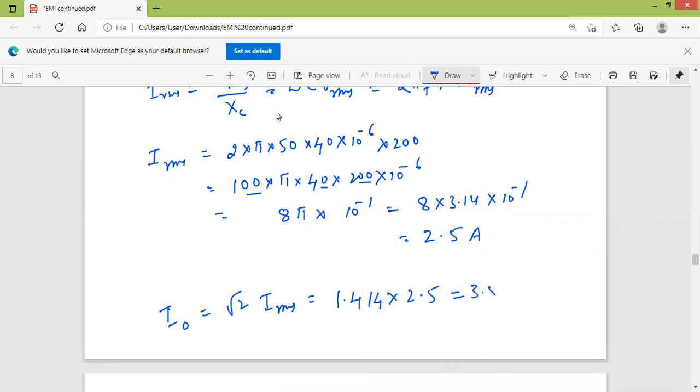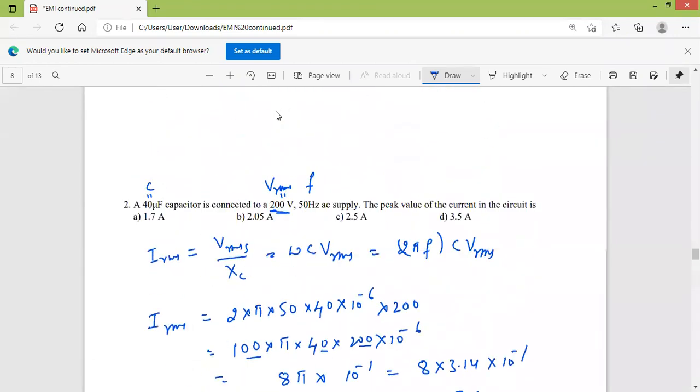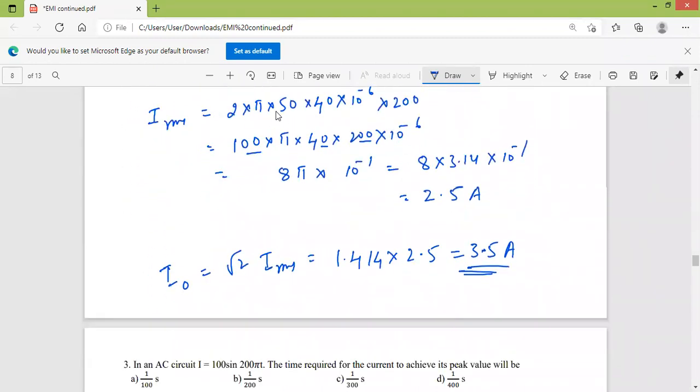We get around 3.5 ampere. This is the answer. Option D is the answer.